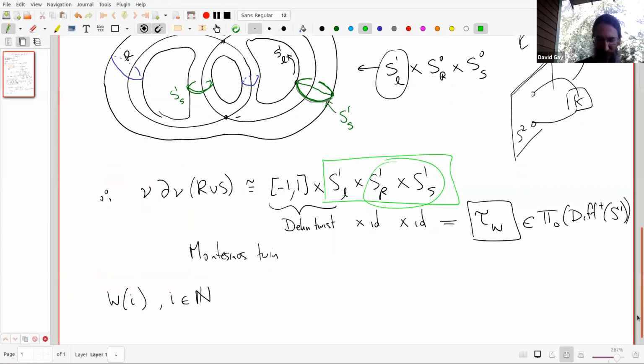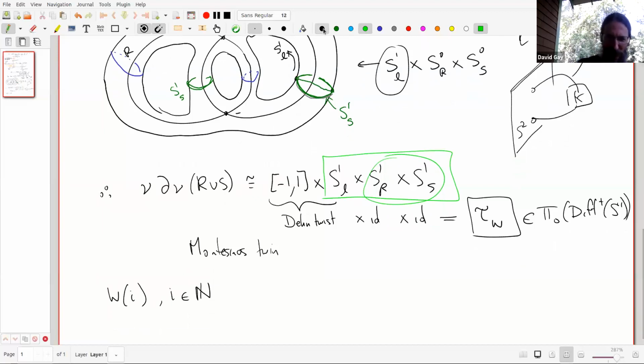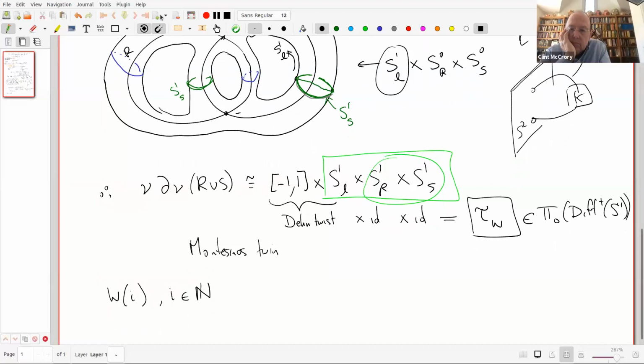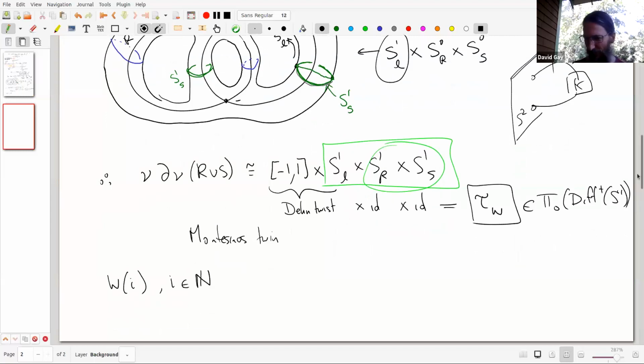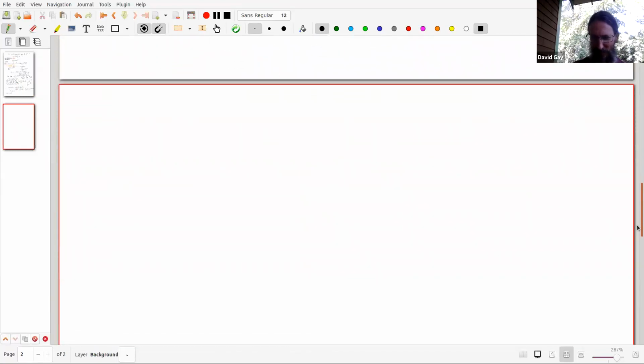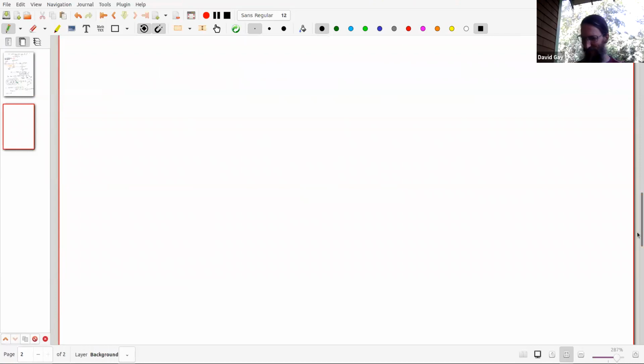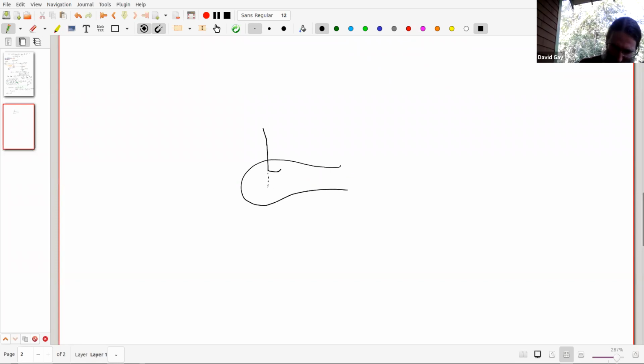Okay, so now I'm going to draw a picture on the next page of a specific Montesinos twin. I have fun drawing this picture. I think of this as a snake eating its tail, or maybe a snake with its tail going through its head.